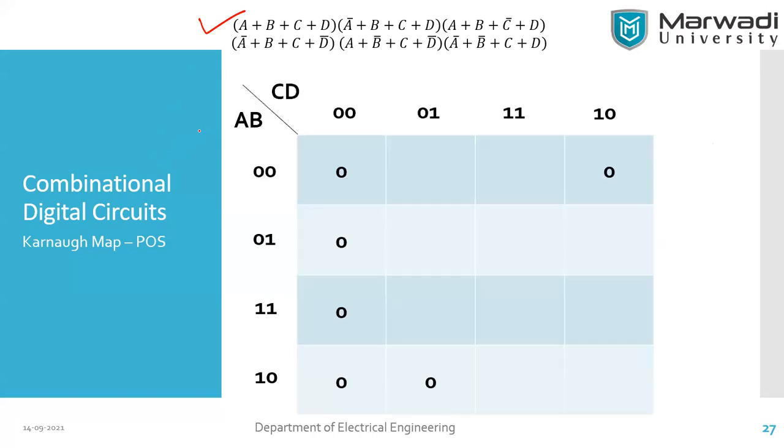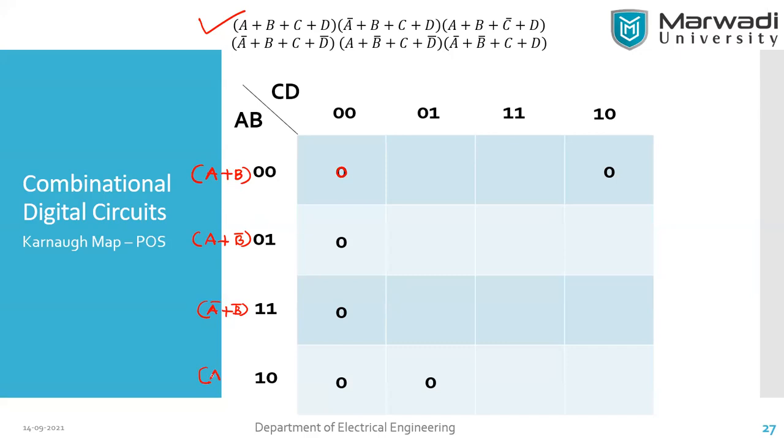And in case of K map, you can express them like this. So it's 0. Remember, this is A plus B. This is A plus B bar. This is A bar plus B bar.